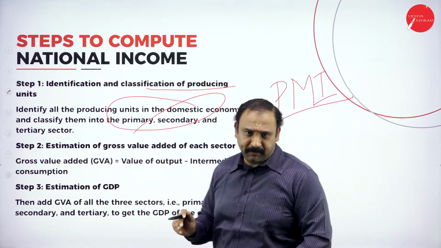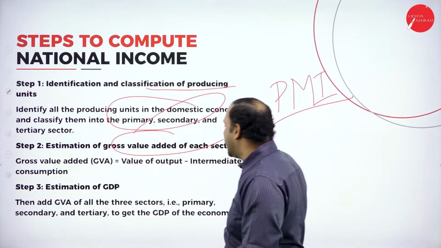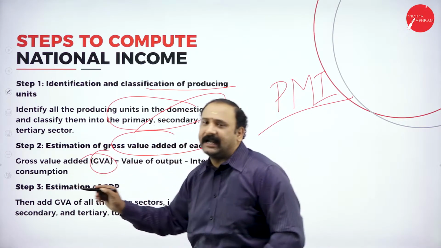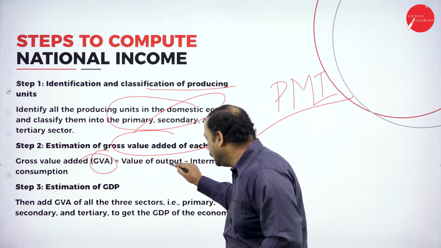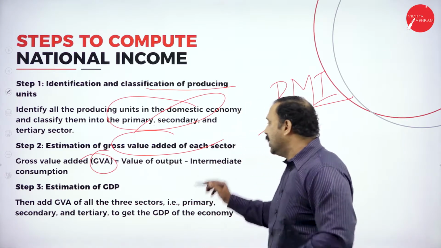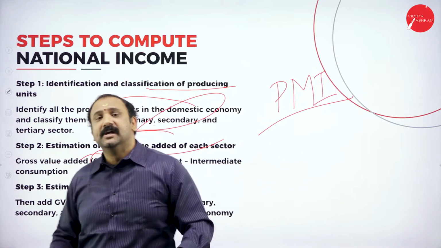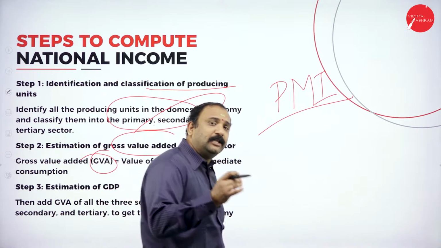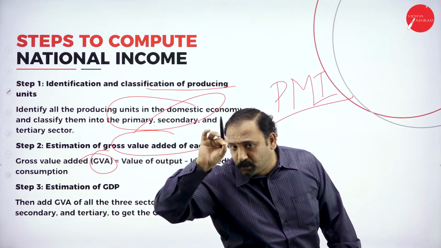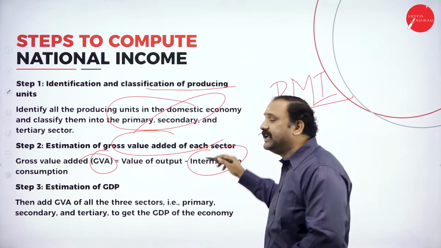Now, with all this, let us move to the estimation of gross value added to each sector. Now, how do you calculate it? GVA, the gross value added, is equal to value of the output minus intermediate consumption. Now, the value of the output, what is the value that is generated by the company, by the individuals? The value of the output matters a lot, because it will tell what is the final value that's coming out, minus intermediate consumption.